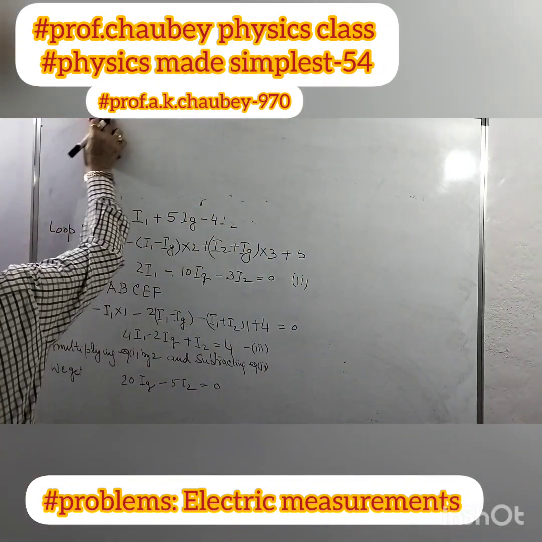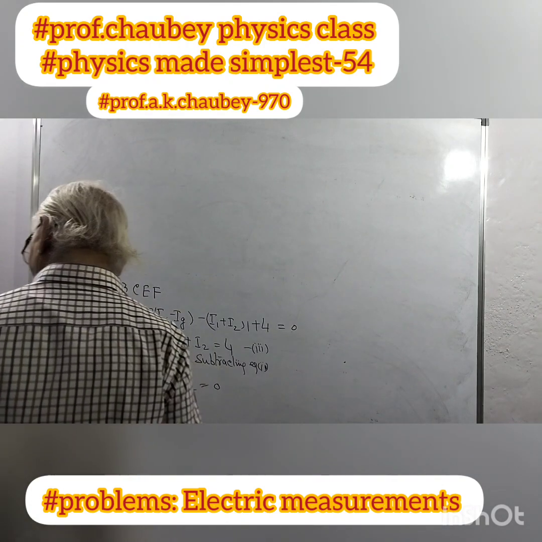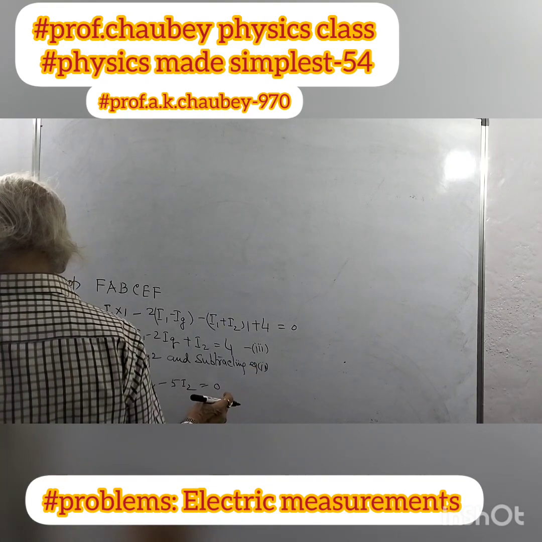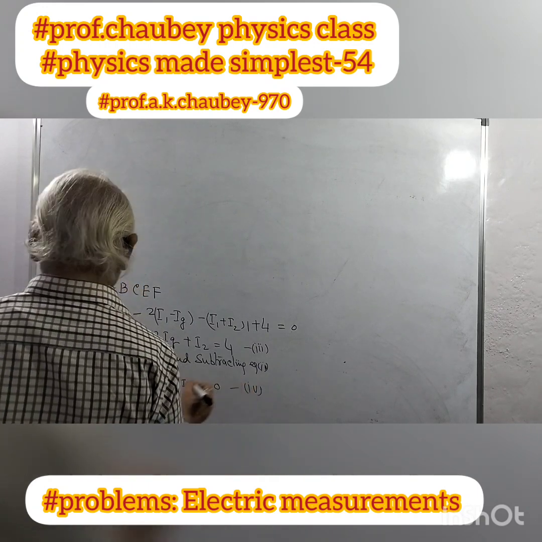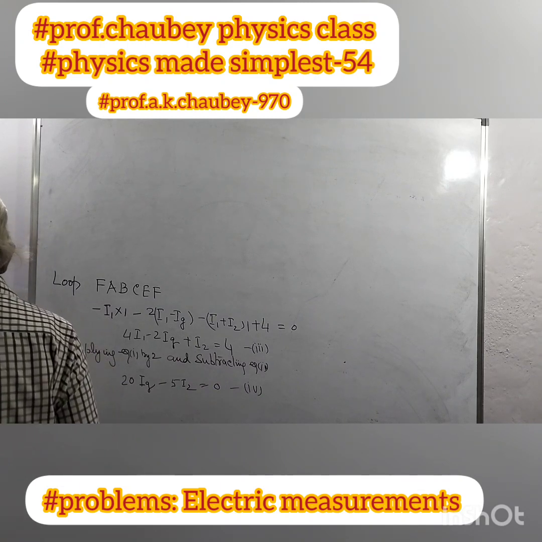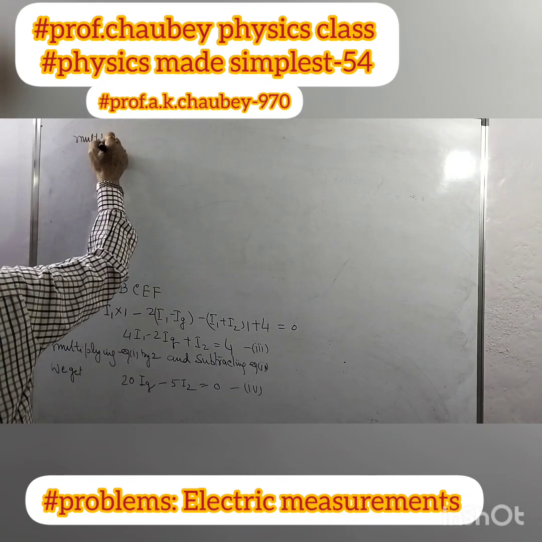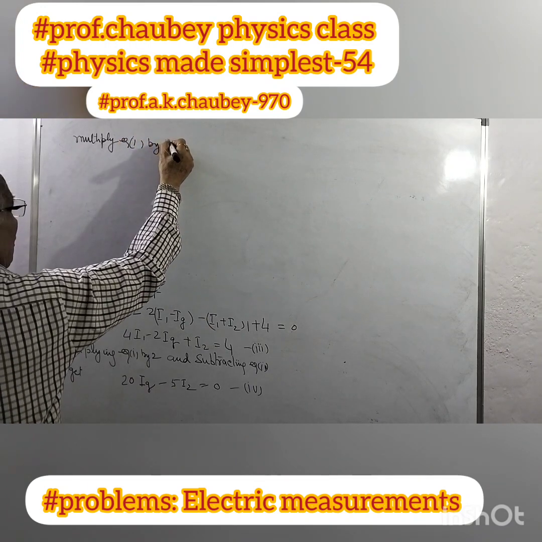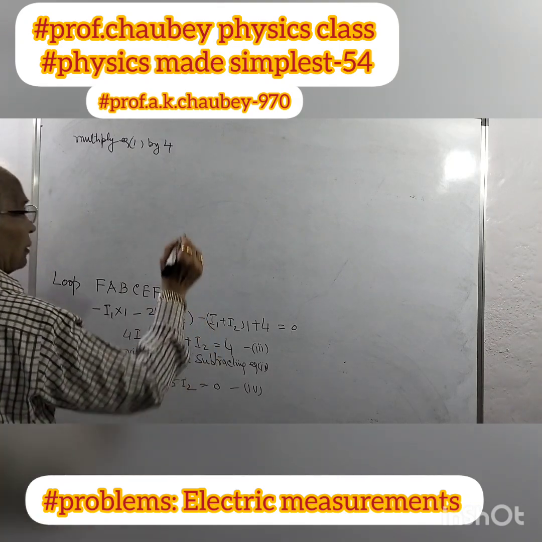So now, this becomes equation 4. Now multiply equation 1 by 4 and subtract equation number 3.